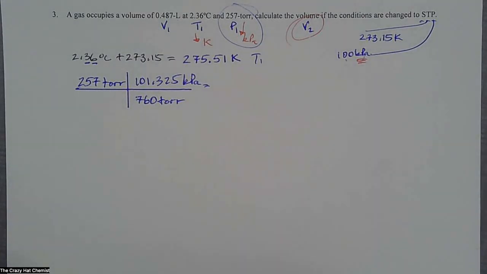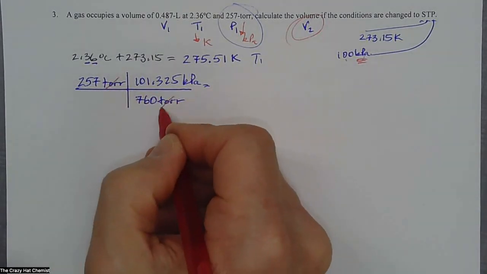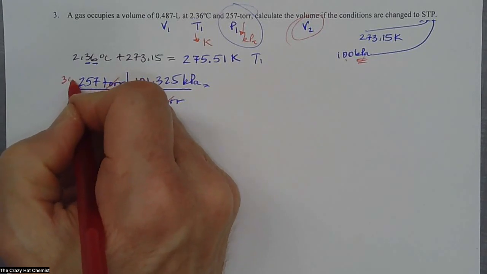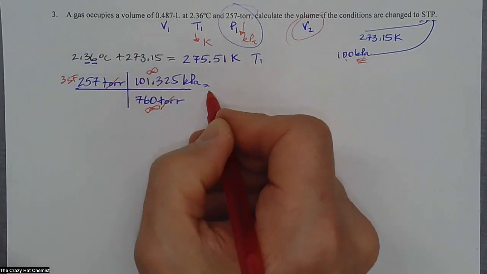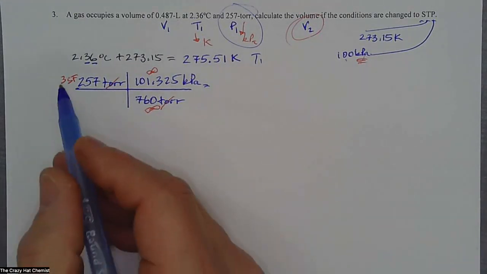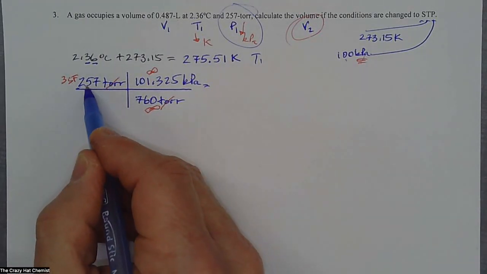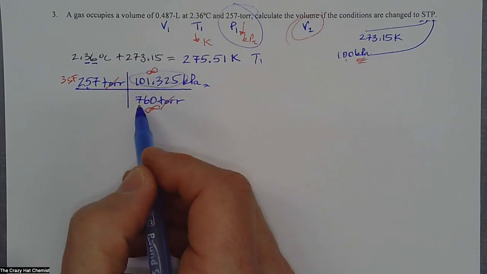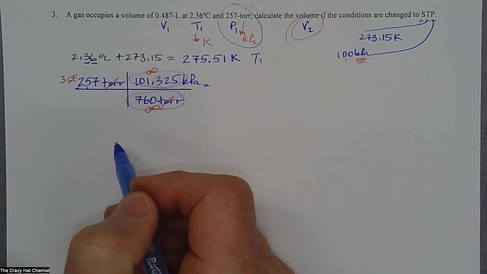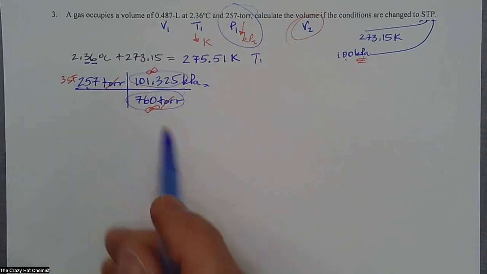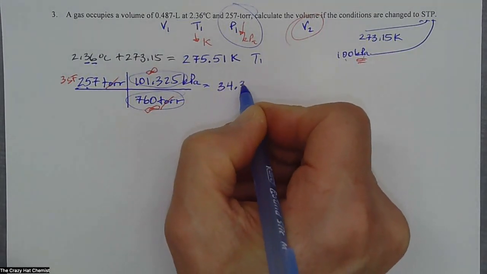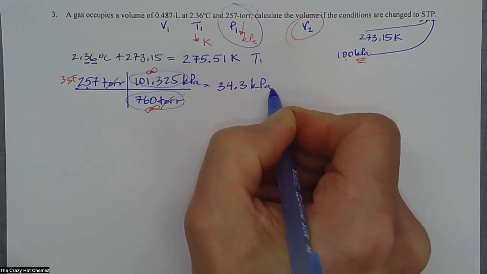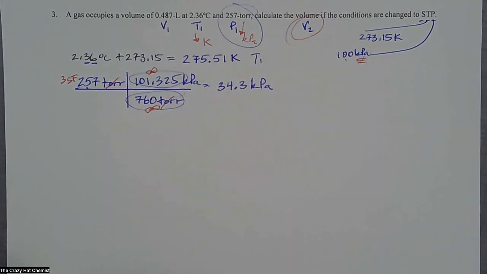You should see that your torr values cancel out. This has three significant figures. This is infinite, and this is infinite because these are definitions. So we're going to take 257 times 101.325 divided by 760, and round that to three significant figures, which would be 34.3 kilopascals. Okay, fantastic.